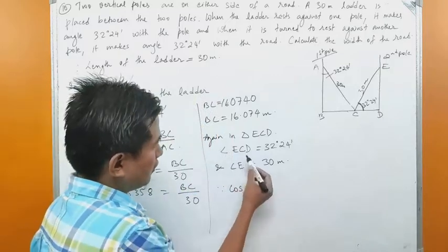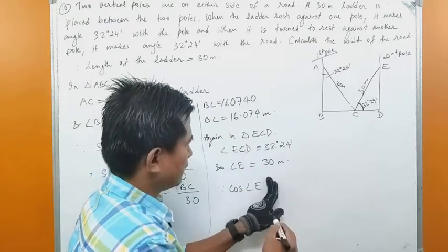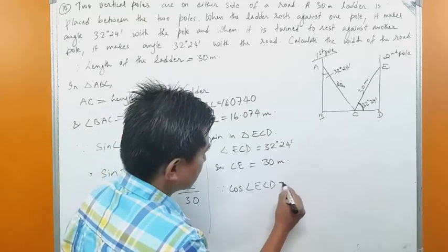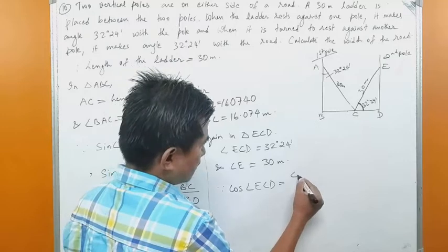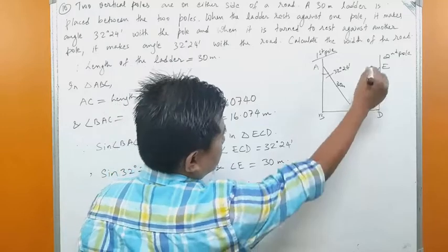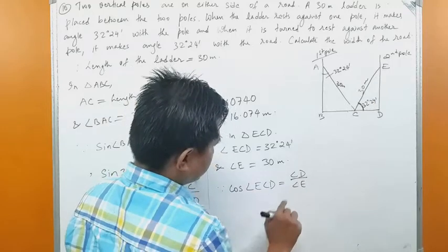Cos of angle ECD equals cos theta, which is base upon hypotenuse. What is hypotenuse? CE or EC.